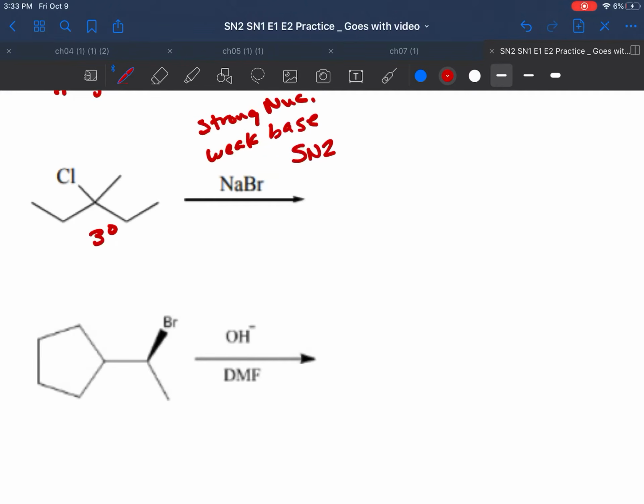And since it's strong, it would prefer SN2, but we'll take SN1 if we have to, which we have to because we have a tertiary alkyl halide. Tertiary alkyl halides cannot have an SN2 reaction. So we will have SN1. So again, we'd get a mixture of stereochemistry, not that it matters here because it's not a chiral center.